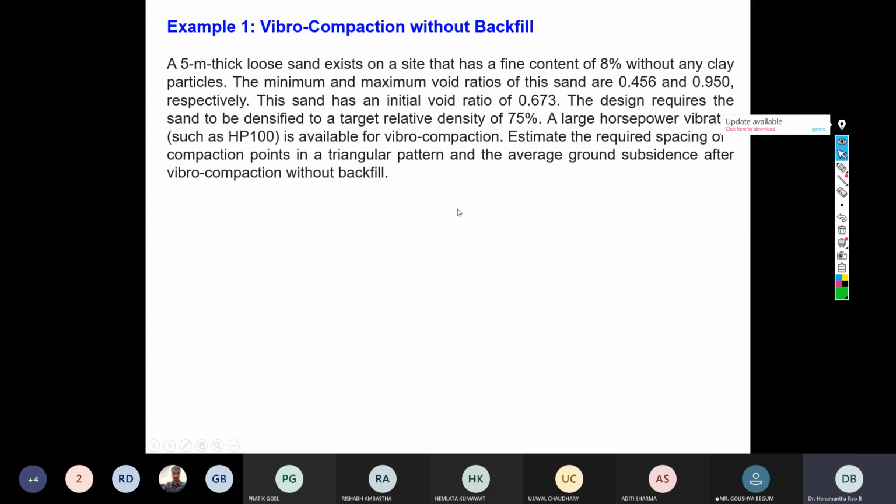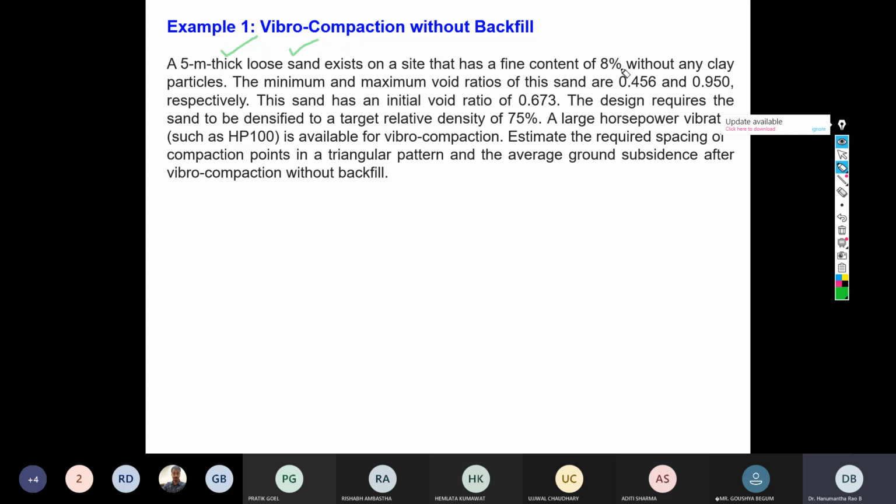This statement of the problem embeds a lot of information. First of all, the thickness of the soil strata to be improved is 5 meter. This is a loose sand. When you say it is a loose deposit, there is a probability that it can undergo large settlement. They have also established the gradational characteristics of the sand and found that it has a fines content of 8%.